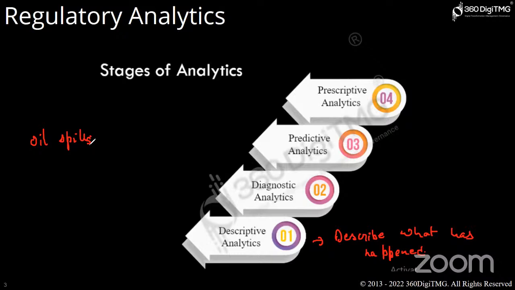So we have regulations in place to ensure that these spills don't happen, but they still do because everybody is trying to maximize their profit. And they are trying to understand why these spills have happened.